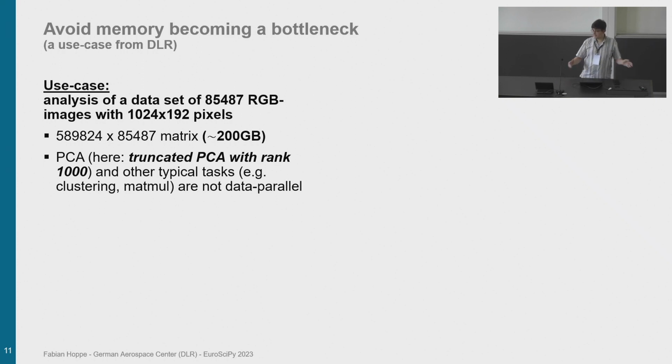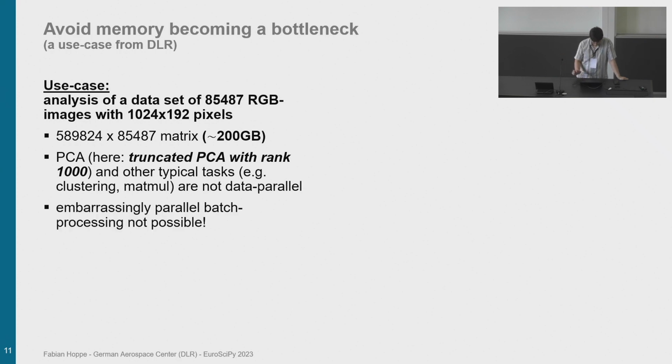So you can't say, okay, let's process this time series in chunks of 10,000 images and do that in parallel. That's not possible because you have to keep in mind the whole data set if you do clustering. Or at least you need to do something more advanced than just doing the same on each data chunk.